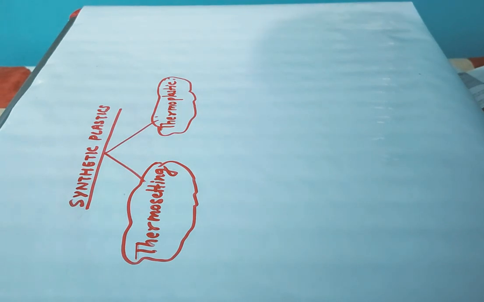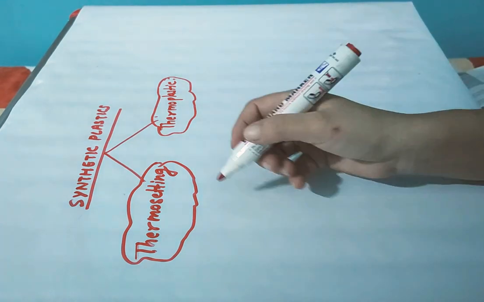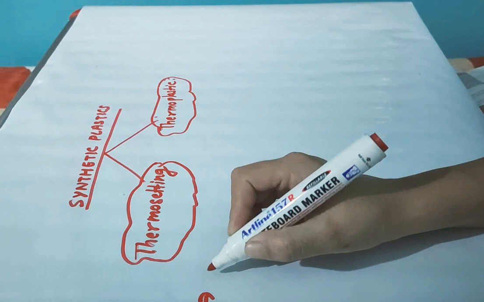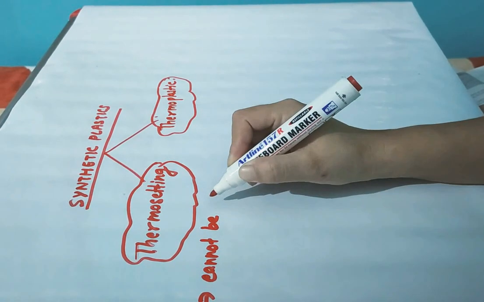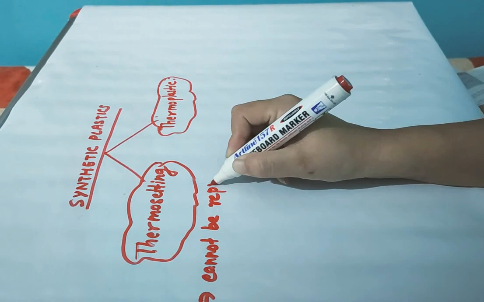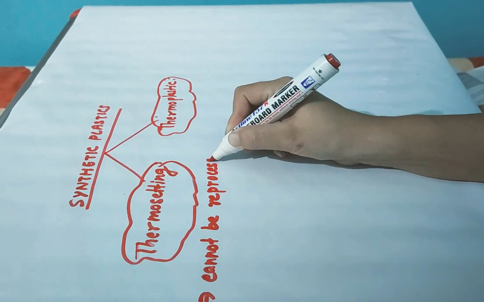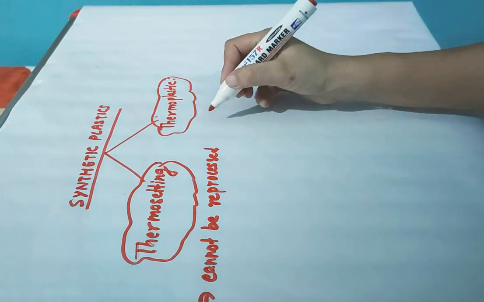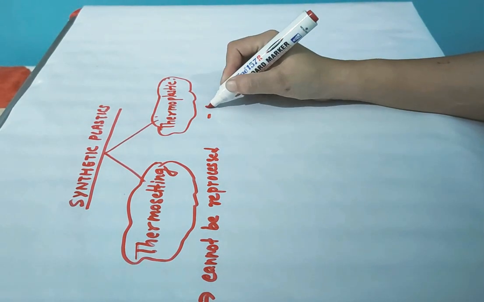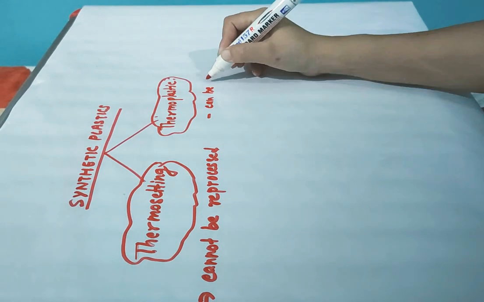On the other hand, thermoplastics can be processed repeatedly. Thermosettings cannot be reprocessed, which means once they are given some form, they cannot be reprocessed again, and here it can be reprocessed.